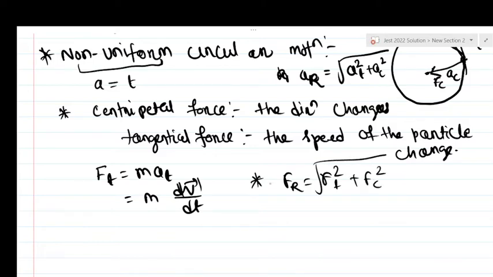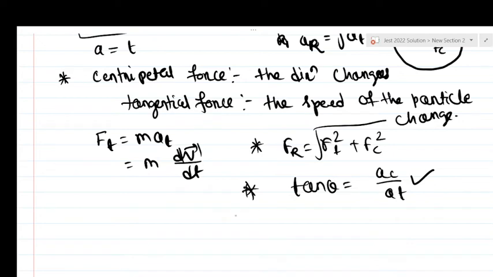And for the direction, tan theta will be centripetal acceleration by tangential acceleration. Then we get to know the cases of uniform and non-uniform motion.